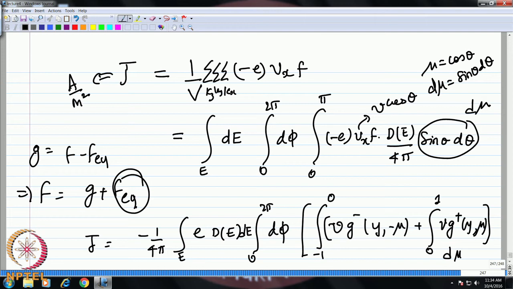So, in the d omega, that is your solid angle, it should be cos theta sin theta d theta d phi, correct? So, therefore, there should have been an additional cos theta, am I right? Okay. So, we can write this just in terms of Vx here and simply continue.